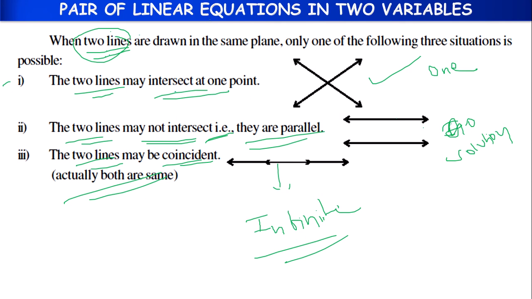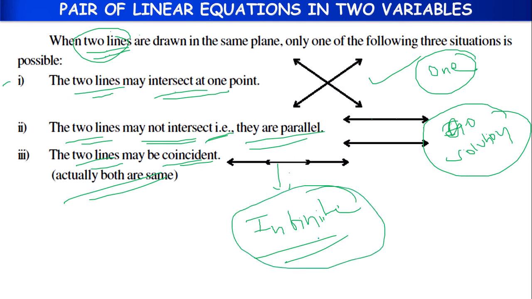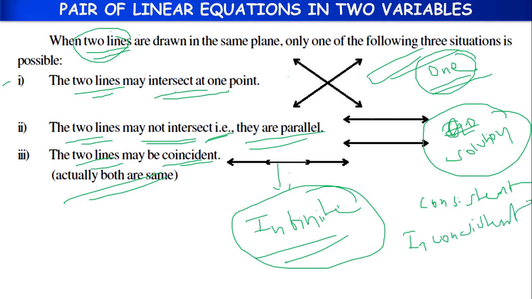So based on the nature of the two lines, they can have only one solution, no solution, or infinite solutions. If they have only one solution, then the equations are called consistent equations. If they have no solution, they are called inconsistent equations.